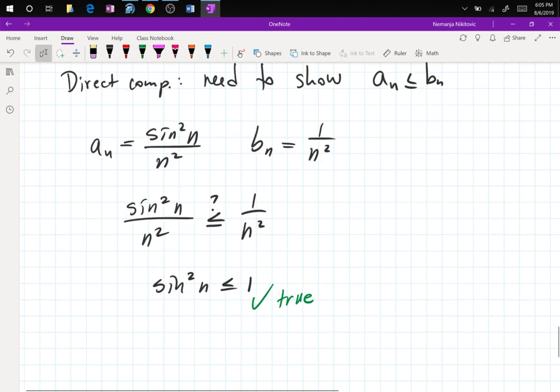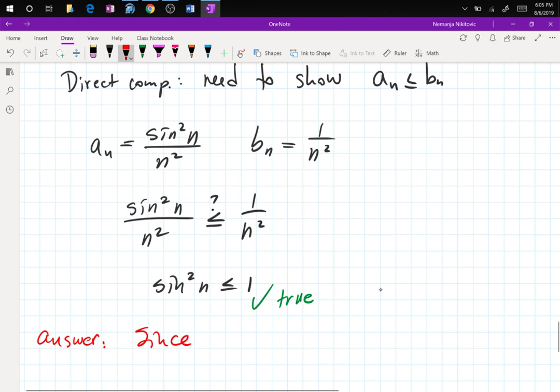Because your answer for sine has to be a number that is at most 1 or less than 1. And when you square, you even get a smaller number. Let's say, what's the sine of pi over 6? Sine of pi over 6 is 1/2. And when you square that, you get 1/4, right? So all of those values are going to be smaller.